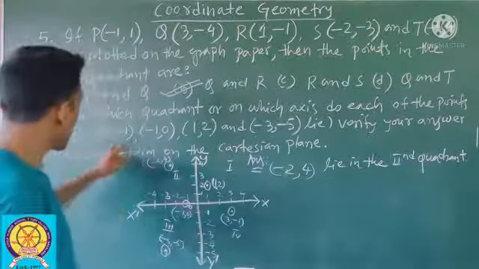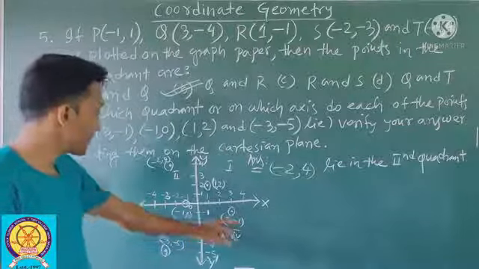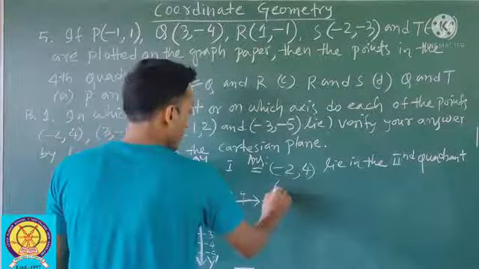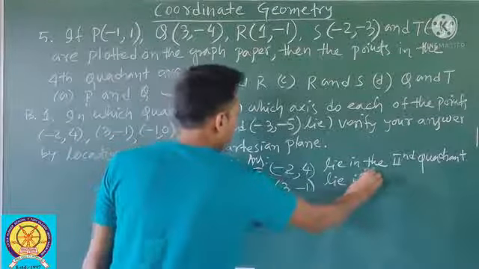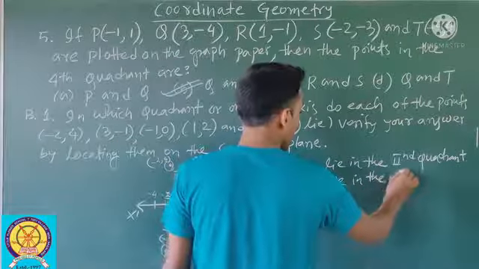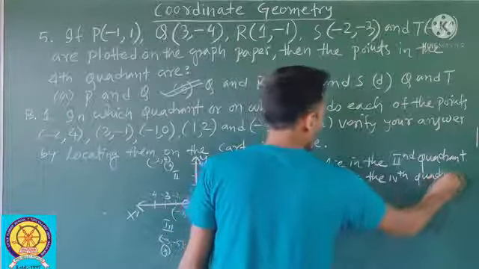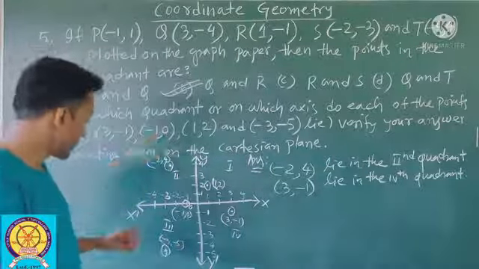Next, (3, -1). You see, (3, -1). Which quadrant is it in? (3, -1) lies in the fourth quadrant. Next point (-1, 0).